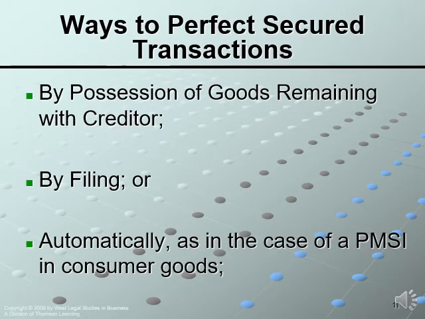Okay, the ways to perfect. One way is if the creditor keeps the collateral. If the creditor holds on to the collateral, the creditor can perfect through possession. Also, if you have a PMSI, a purchase money security interest in a consumer good, perfection happens automatically once you have the three elements of attachment.